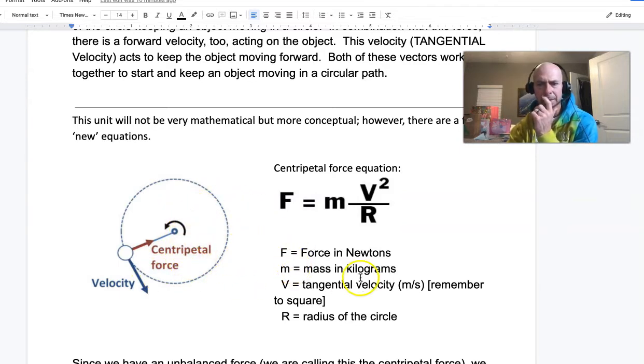Okay, so that m is the mass of the object in kilograms. Again, this is a metric equation, and we have to use metric units. So the F, the centripetal force, is in newtons. So we have to multiply the mass of the object. And that kind of makes sense, doesn't it, kids? If something is heavier or lighter, it would take a different amount of force.